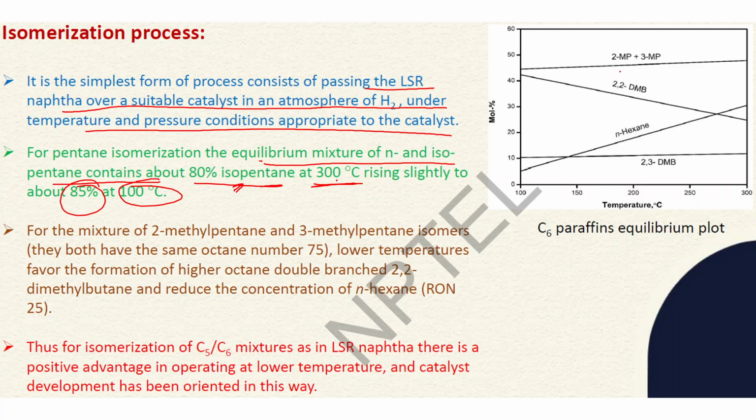Here we can also see, for example, the reaction of 2-methylpentane and 3-methylpentane, with an octane number of 75, producing 2,2-dimethylbutane and N-hexane. This N-hexane has a research octane number of 25, and this has a research octane number of 7.